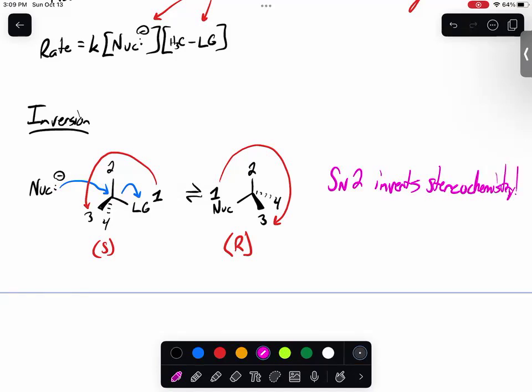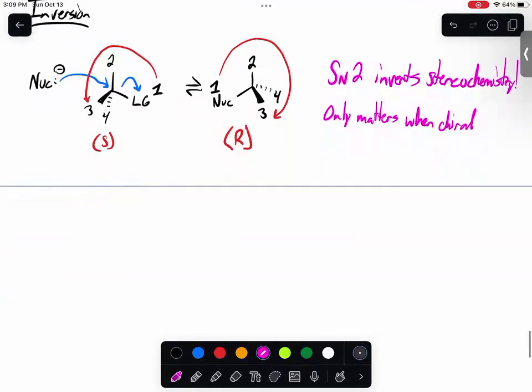So it essentially takes the stereochemistry that's there and it flips it. Now, keep in mind it only matters when it's chiral, which was why I didn't use the CH3 example because it wasn't chiral, so there's no difference in R or S.